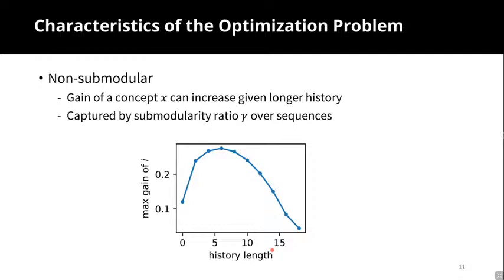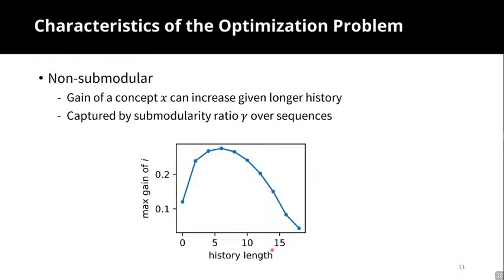First, we know that this objective function is not submodular. What it means is that the gain of adding a concept can actually increase if we have a longer history. There's no diminishing return, which demotivates the usage of the greedy policy.